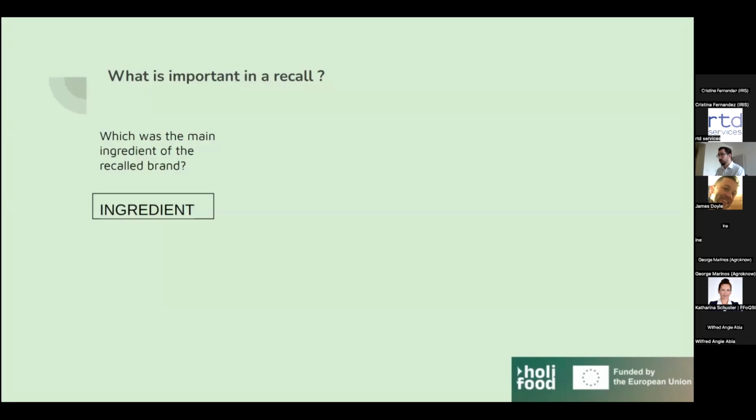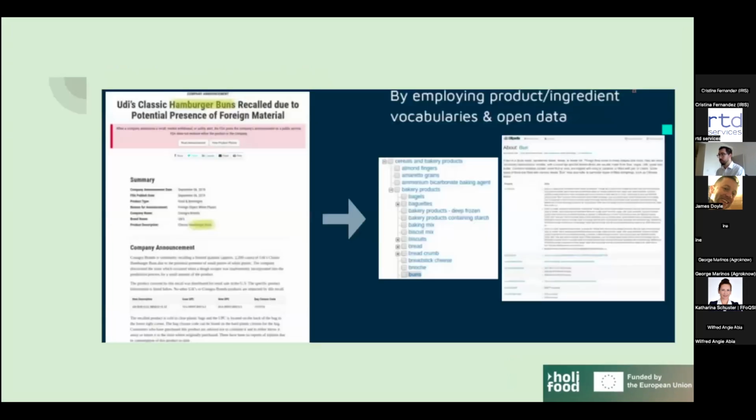So let's talk about what is important in a recall. There are some specific entities that we try to identify in each specific recall. The first of all is the ingredient, which is, if we ask the question, which was the main ingredient of the recalled brand. And you see here that in the example that we saw earlier, in this specific recall, the ingredient is the hamburger buns.